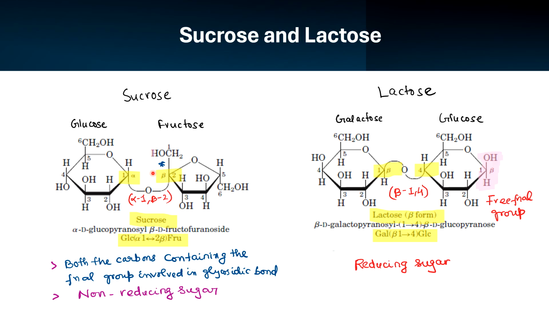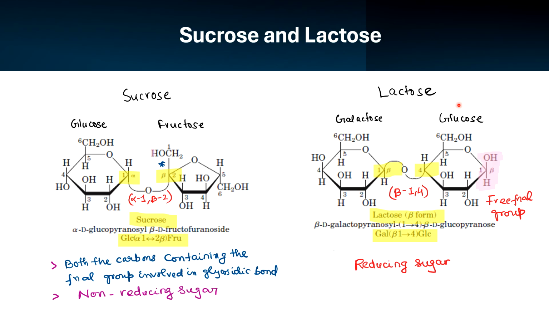So the functional group present in C2 is also involved in glycosidic linkage. So both the functional groups of glucose and fructose are involved in glycosidic bond formation and hence they are not free. So sucrose is an example of a non-reducing sugar, or it cannot convert Cu2+ ions into Cu+. Is that clear? It's very important and it's often asked in questions, right?